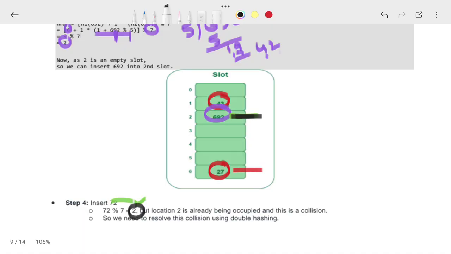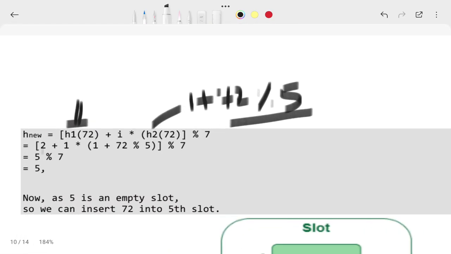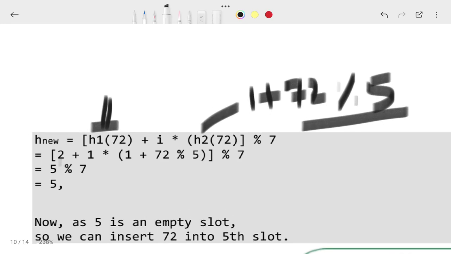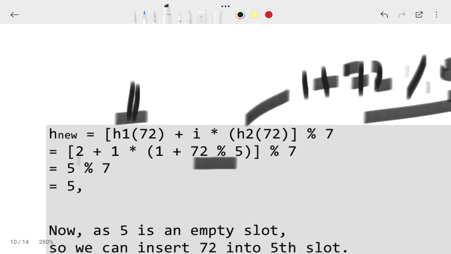So you will divide 72 by 5: 5 times 14 is 70, remainder 2. So this 2 you will get. 2 plus 1 is 3, and 3 plus 2 is 5. So 5 divided by 7 gives remainder 5.